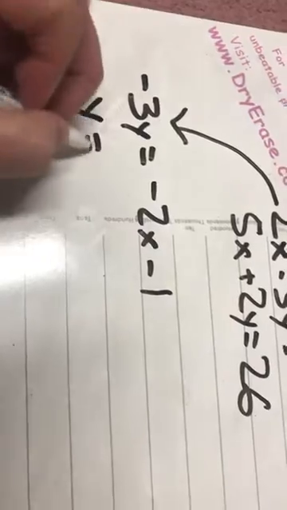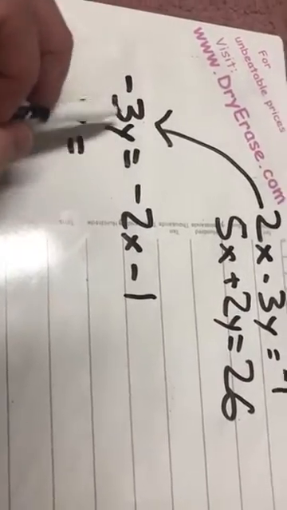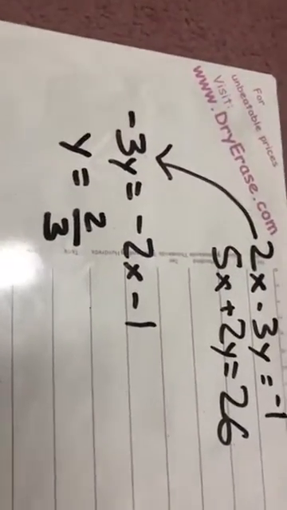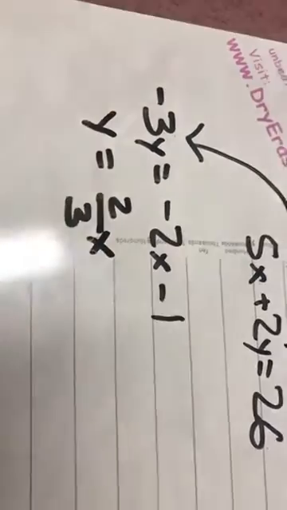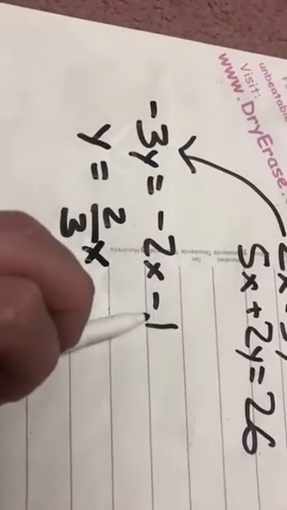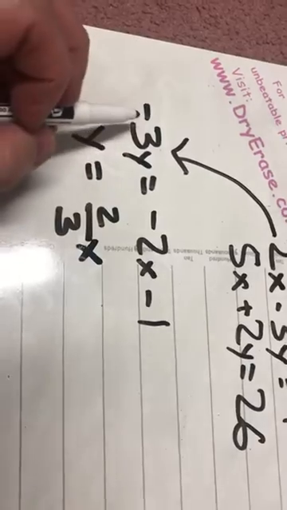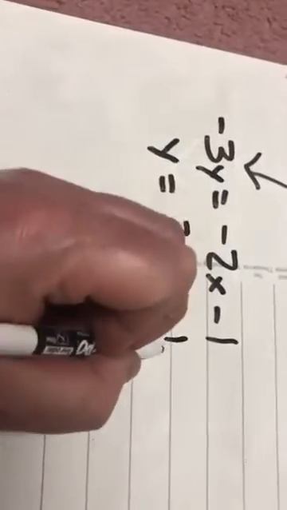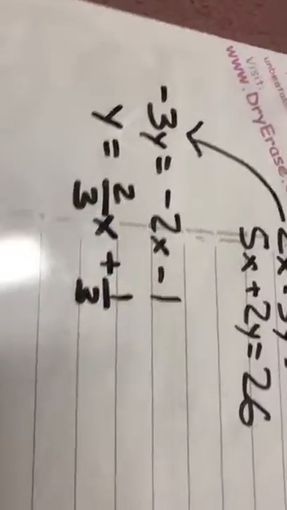So y equals negative 2 divided by negative 3, which is a positive 2 over 3. The negative and the negative just make it positive. So that just becomes 2/3 x. When I take a negative 1 and divide it by a negative 3, that becomes a positive 1 over 3. All right, so we come to this one.